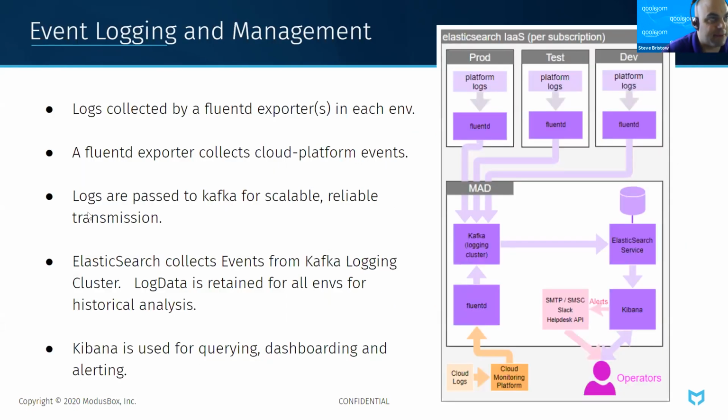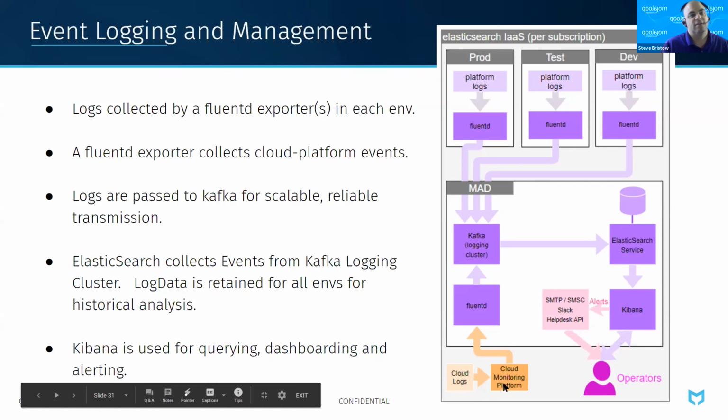Moving on to event logging and management. Logs are collected from each environment by a FluentD exporter. These are then sent to a new Kafka cluster, not the transactional one, which persists those messages for us, meaning that even if the Elasticsearch database is under load because of a query or because of a search or something else, those log messages, which are, let's face it, quite important for your next audit, are all baked into that database ready to be audited.